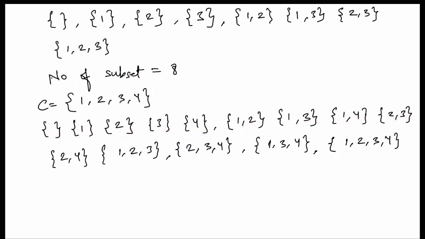Okay, there are some missing subsets. 1 comma 2 I have taken, 2 comma 3 I have taken, 3 comma 4 not taken.